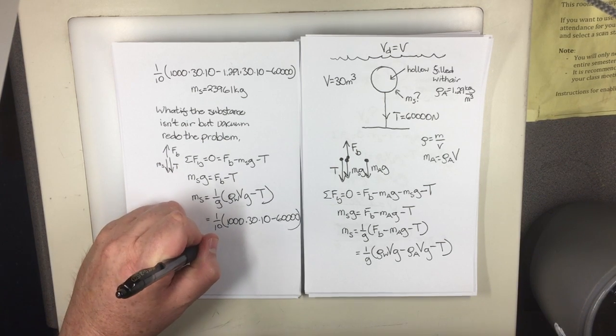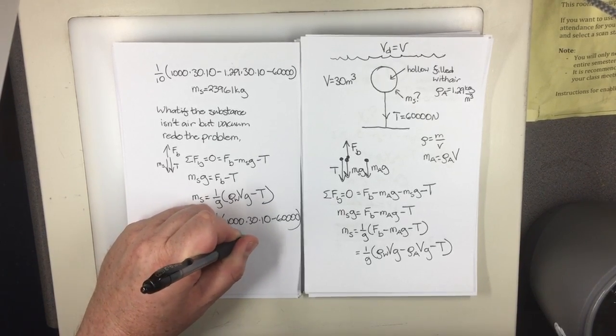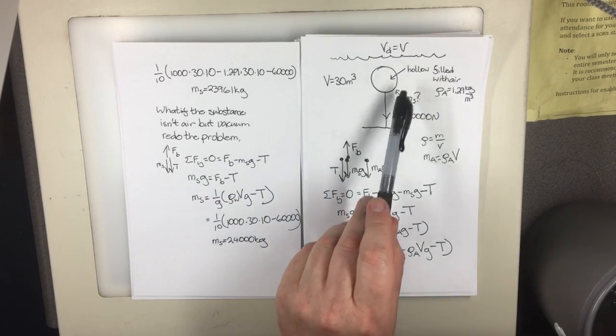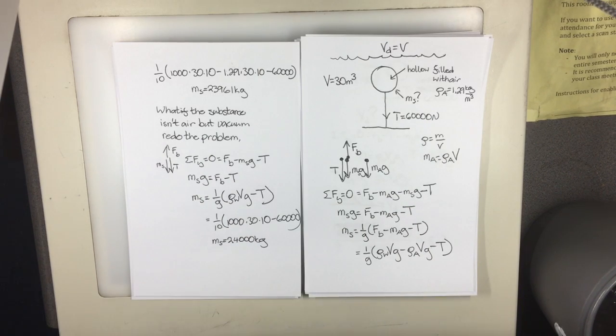And I get an answer, mass of the shell is 24,000 kilograms. So if we considered the volume of air, the mass of the shell is 23,961. If there was no air in it, it was 24,000. A difference of 39 kilograms.